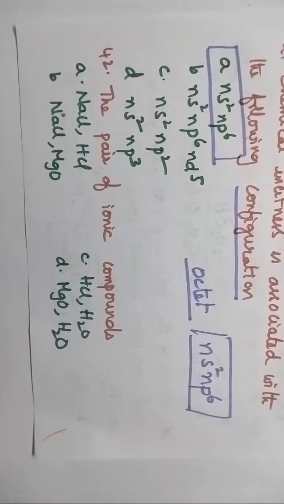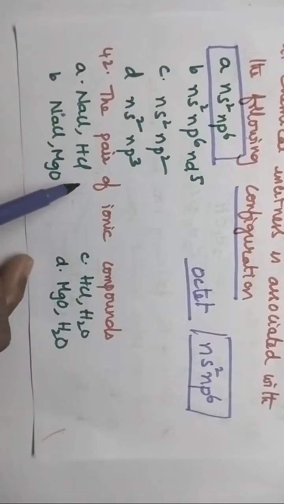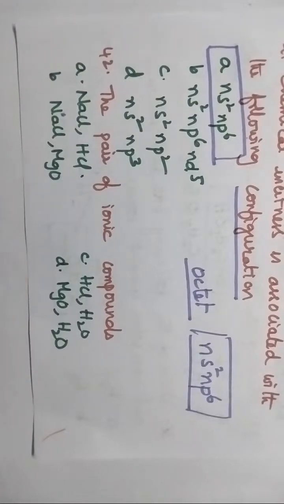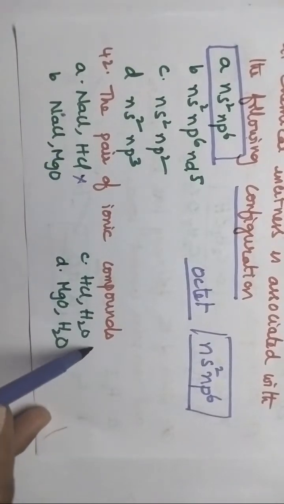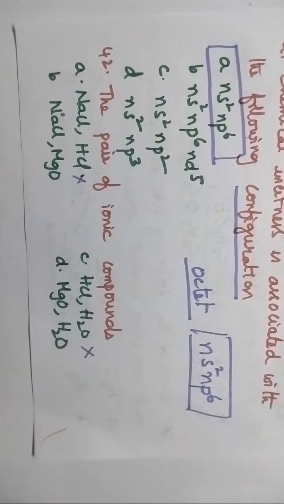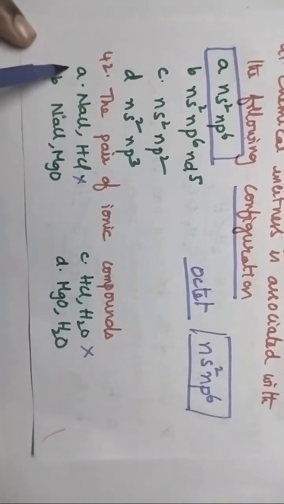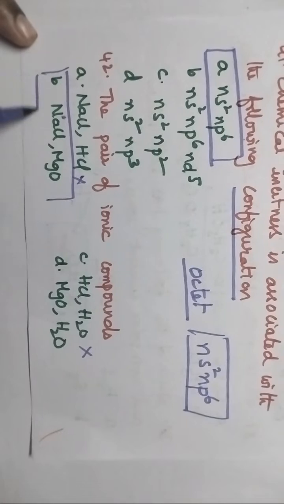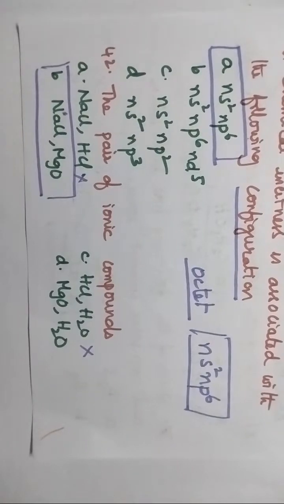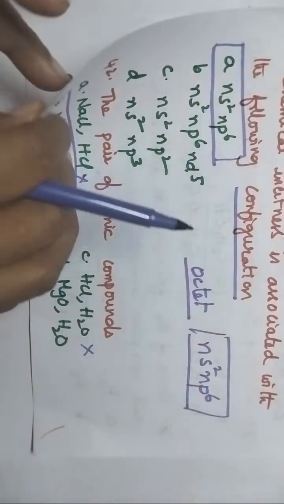Very good, Banu. Tilak, HCl is covalent in nature. Water is also covalent in nature. Sai channel, very good. NaCl and magnesium oxide are ionic compounds. So option B is the right answer.